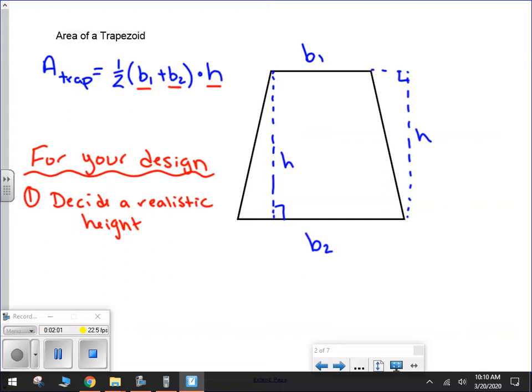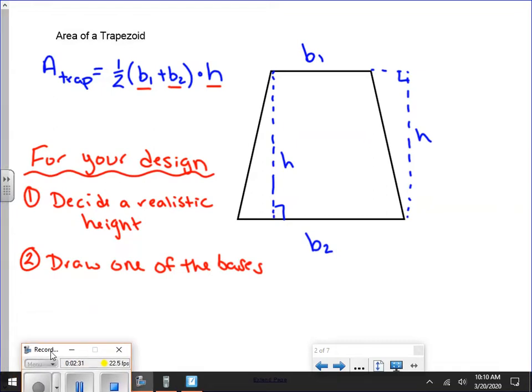And then once you know what height you want, this isn't for your sketch. You're going to have a sketch that you're going to have to give me, but this is for the final project, the one you do on the poster board. So you're going to decide a realistic height, and then you're going to draw one of your bases. So whatever length you want that base to be, you're going to draw it.